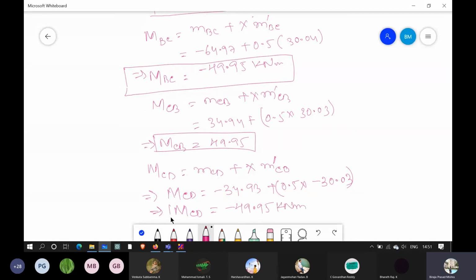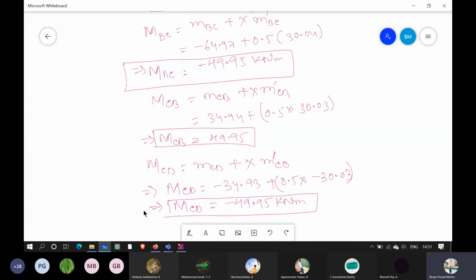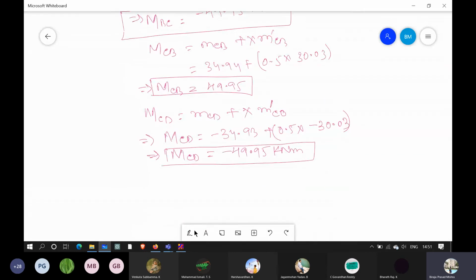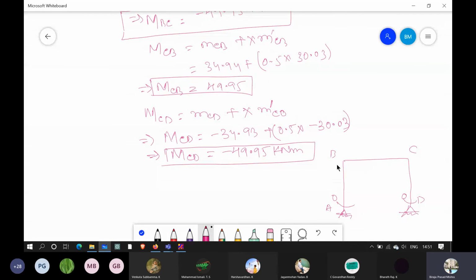Okay, so now if we put all the moments in the frame, you can see that this is A, this is B, this is C, this is D. As the convention says, here we will have 0 moment, and here this is 49.95, this is again 49.95, and here we have 100 kilonewton.